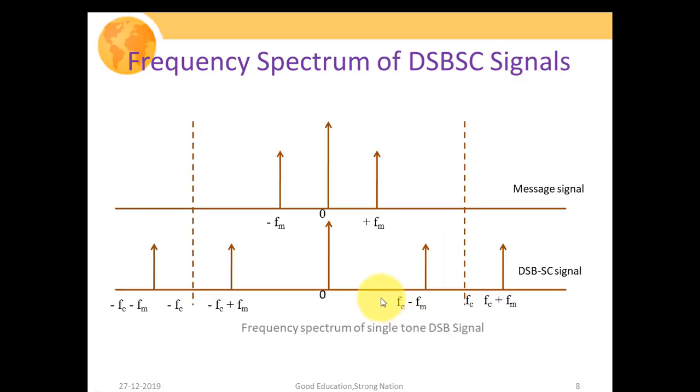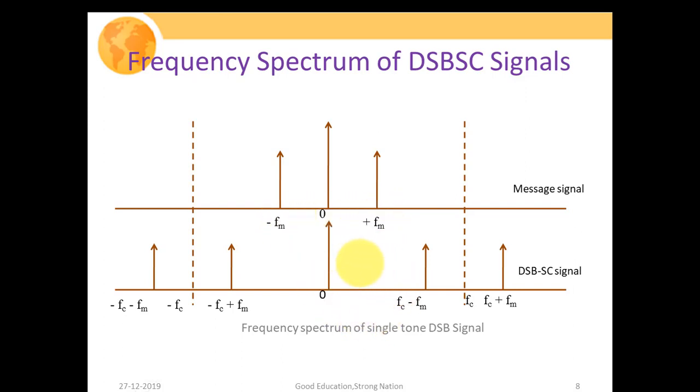This particular figure shows the spectrum of a single tone DSB-SC signal. As we know, a single tone signal is a signal which contains only a single frequency. So the upper figure shows the spectrum of our single tone signal which has a single frequency plus fm hertz, and minus fm shows the negative counterpart of our signal.